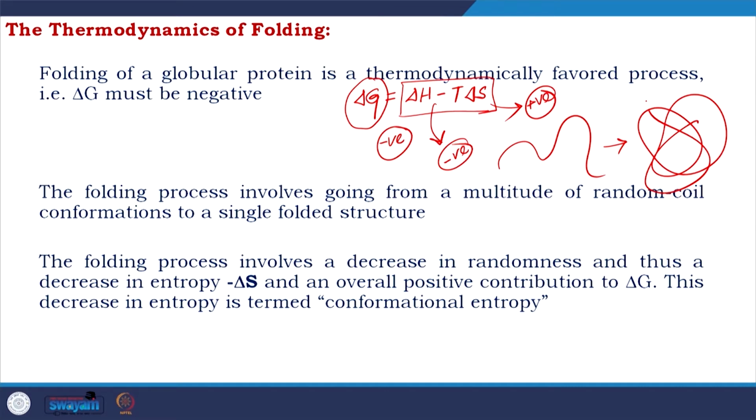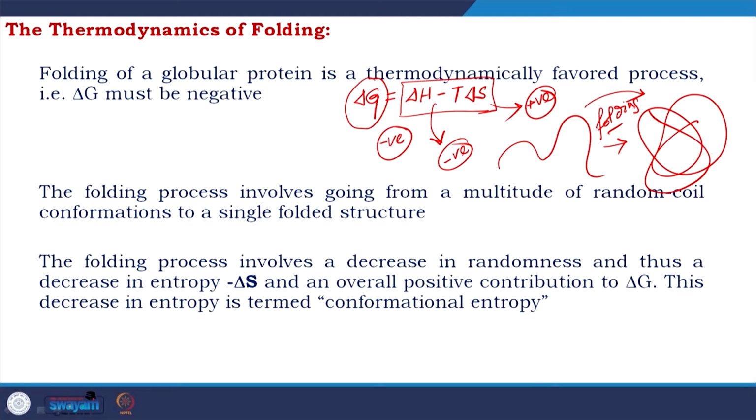So, you see what they are talking about. They are saying from this to this process, which is called the folding process. This folding process involves a decrease in randomness.